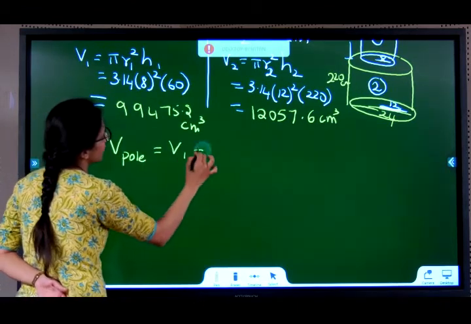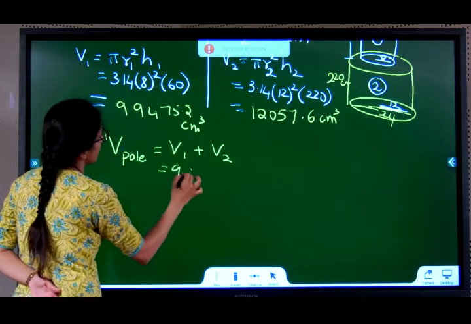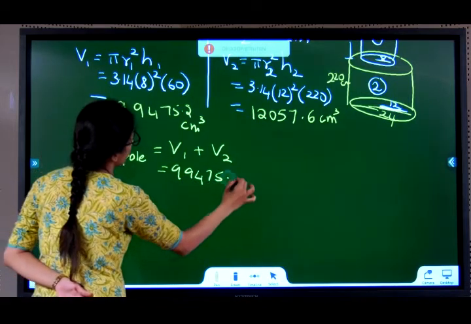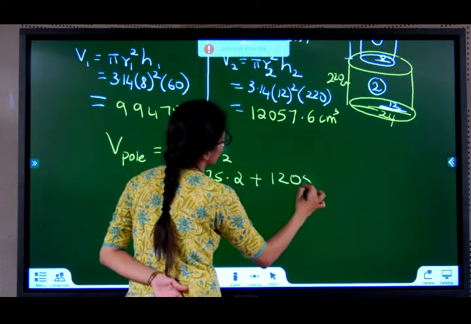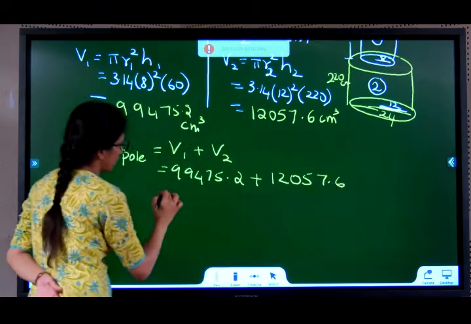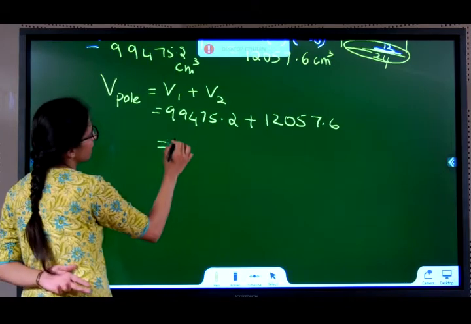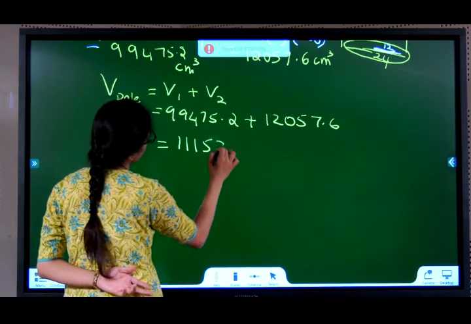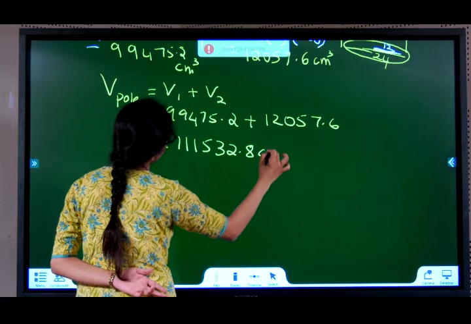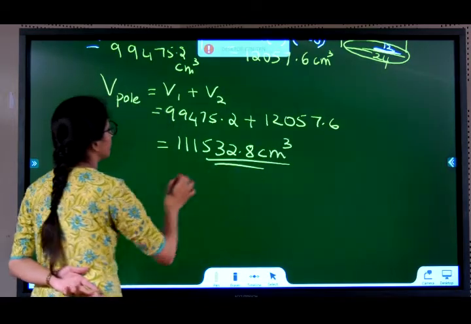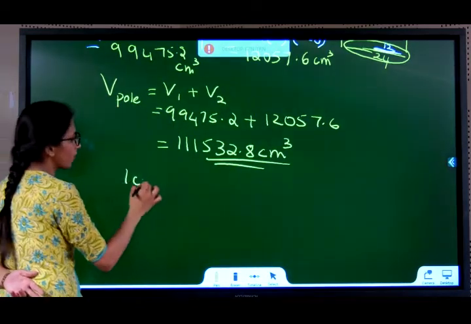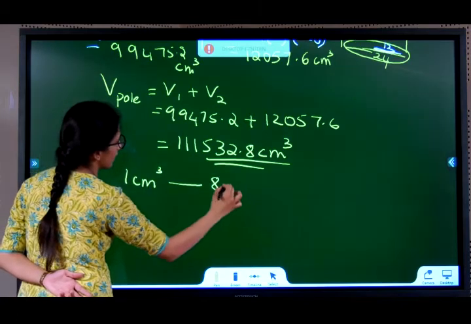Volume of first cylinder plus volume of second cylinder. 99475.2 plus 12057.6, you get 111,532.8 centimeter cube.